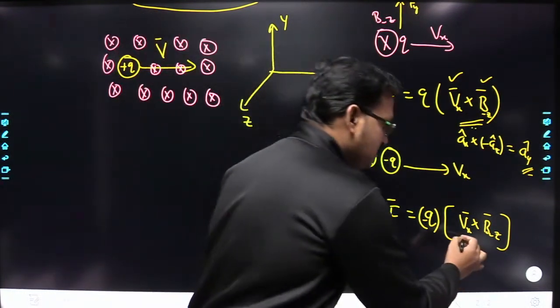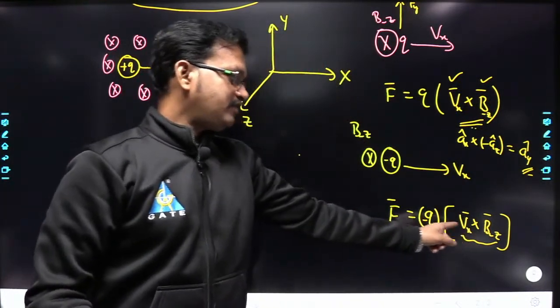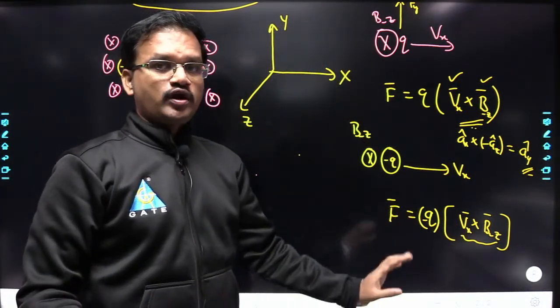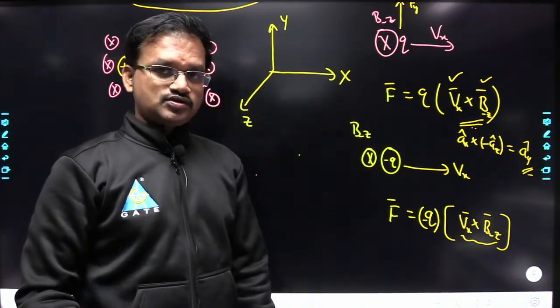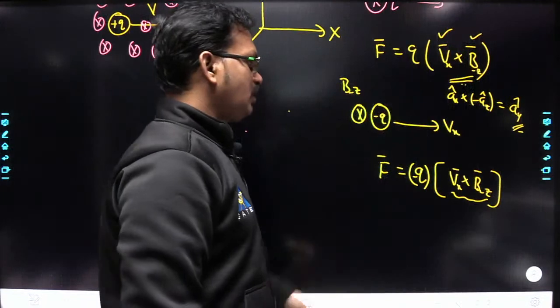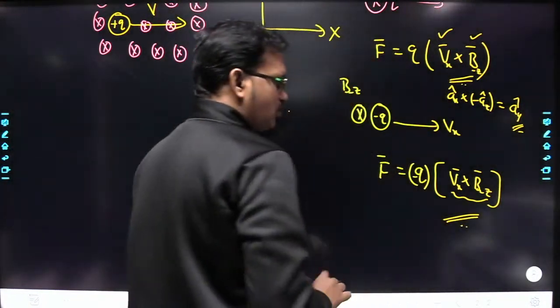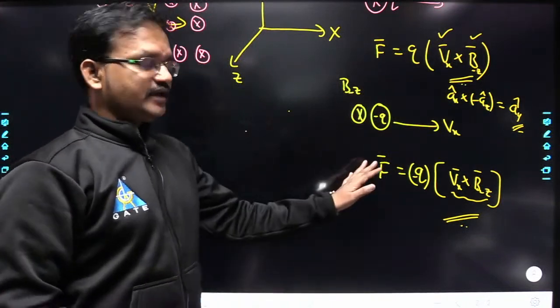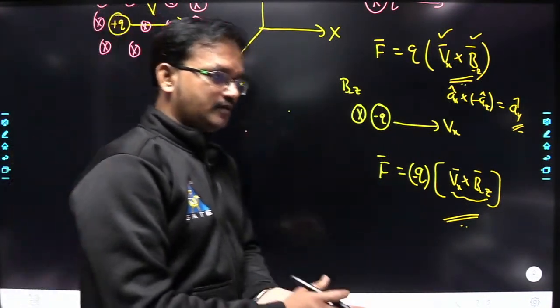So determine the resultant force direction and multiply with minus. That is going to give you the final resultant force direction. Understood? In this manner also, by using your right hand, you can easily determine the resultant force direction.